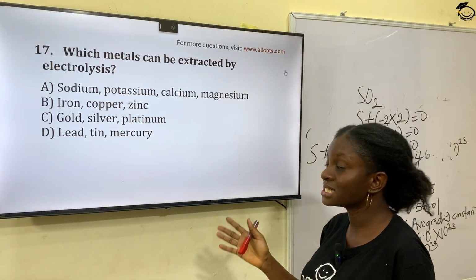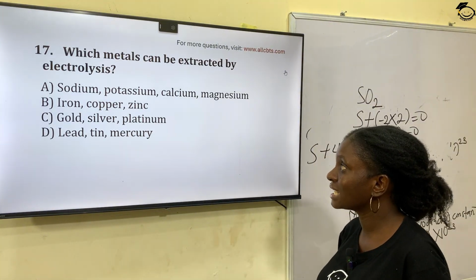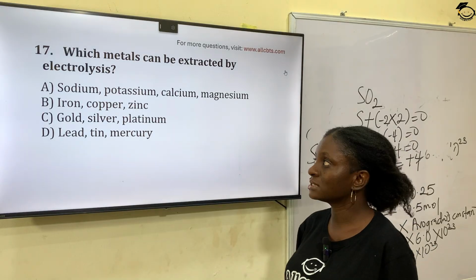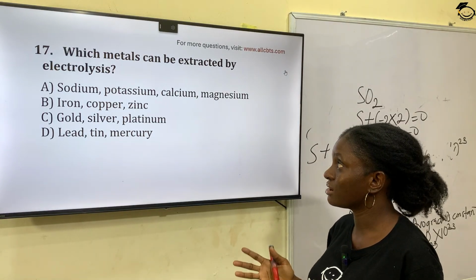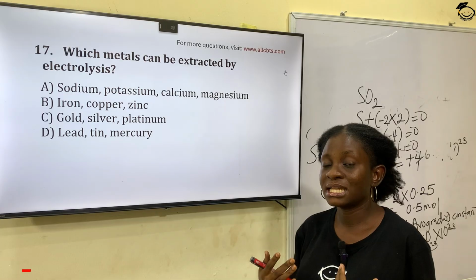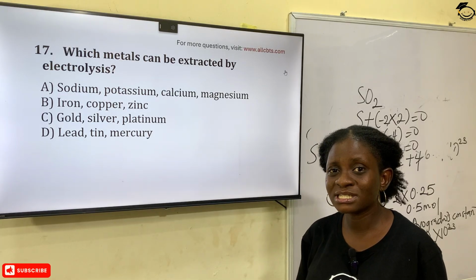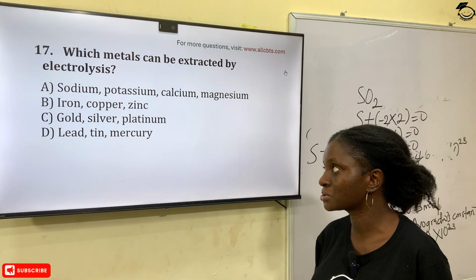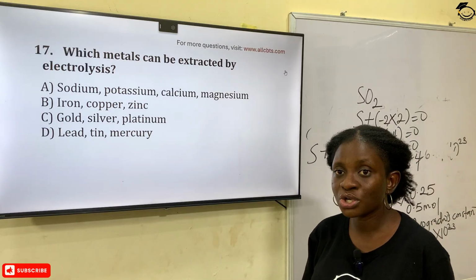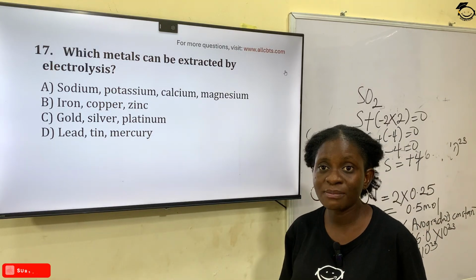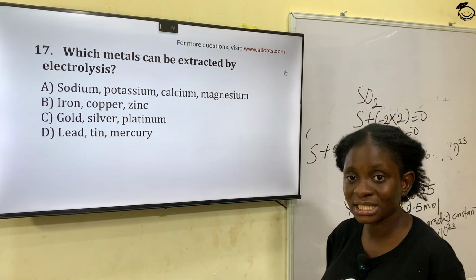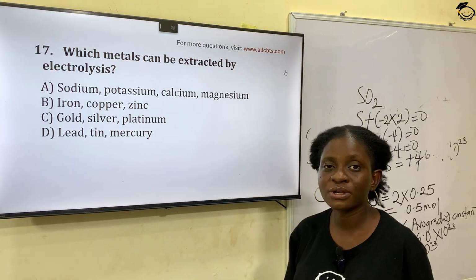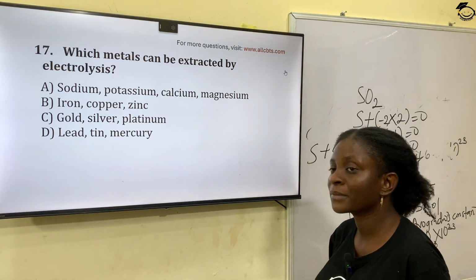So which of these metals can be extracted by electrolysis? The metals that are mainly extracted by electrolysis are very strong metals. So they are sodium, potassium, calcium, and magnesium. Option A is the correct answer.